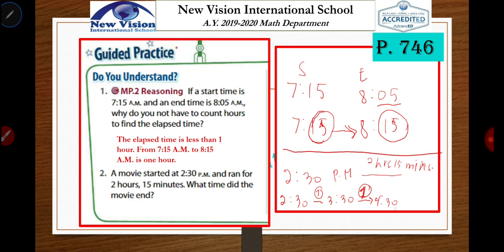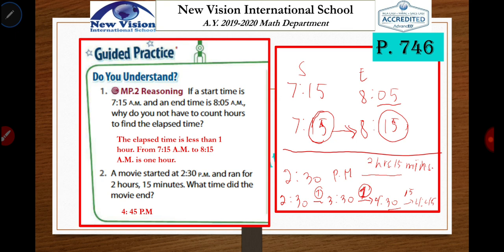Remember, we will add 15 to the minutes. So 30 minutes plus 15 is 45. Meaning to say, the movie would end at 4:45 p.m.